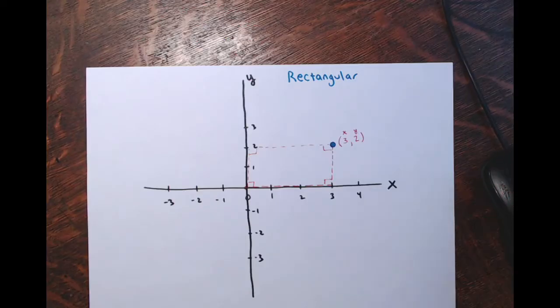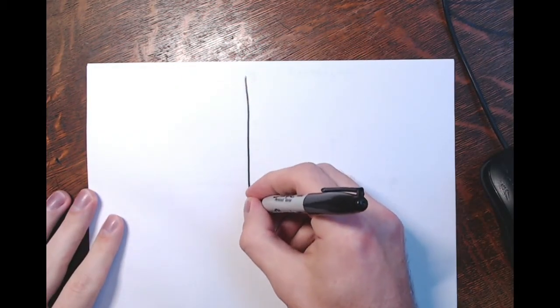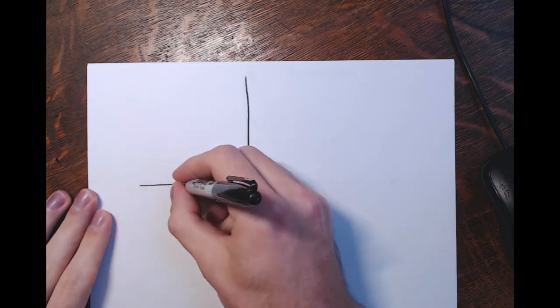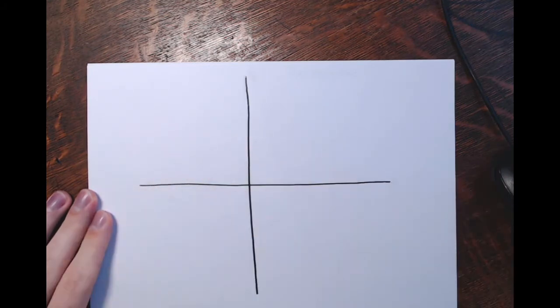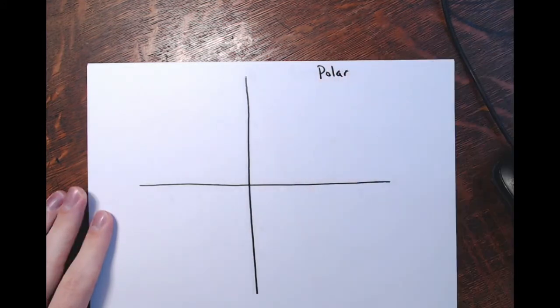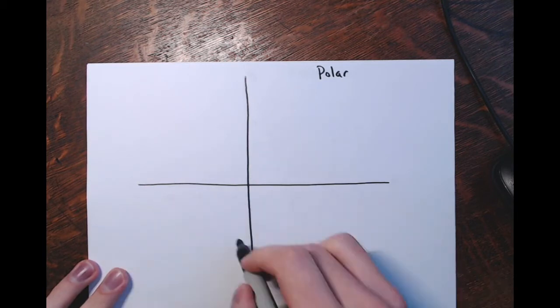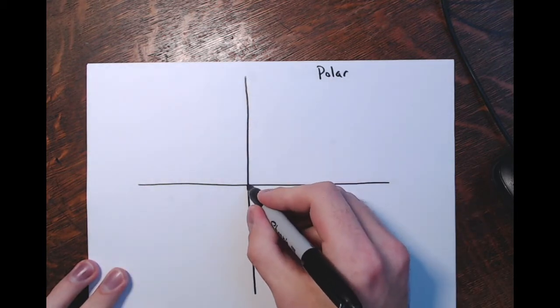So I'm pulling up a piece of paper here again. And now, instead of the rectangular coordinate system, I'm looking at the polar coordinate system. So this is polar coordinates. And again, think of this as two number lines.